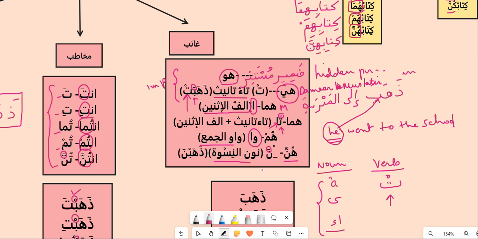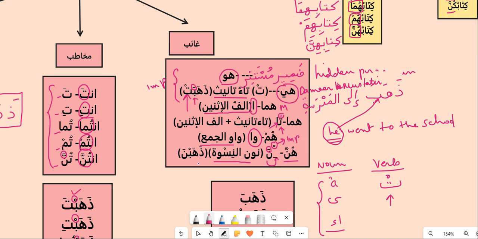But there are a lot of noons in the verbs. If we do the present tense, there are a lot of noons with fatha. So how will you recognize this noon is noon niswa? You will check the previous letter and it will always have a sukoon over it. So this is a very important point about recognizing noon niswa.